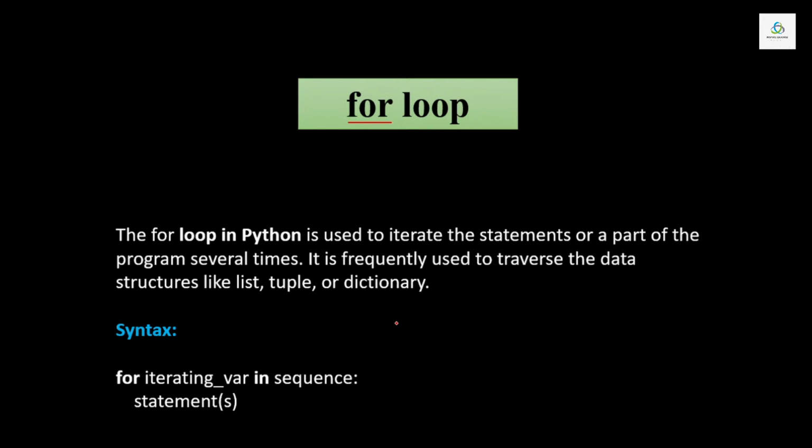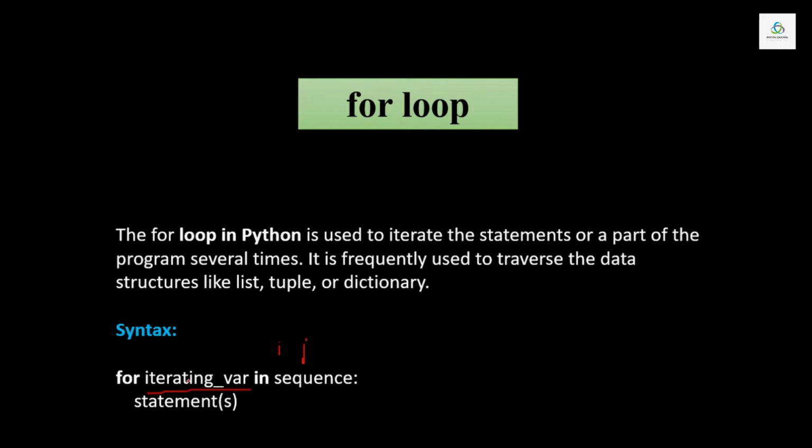The syntax to write this for loop is: for. For is a keyword over here. Then iterating_var in sequence, and over here I have written statement. So what does this syntax mean? In this syntax, the iterating_var is where we declare a variable with which our loop will keep track, for example i or j.